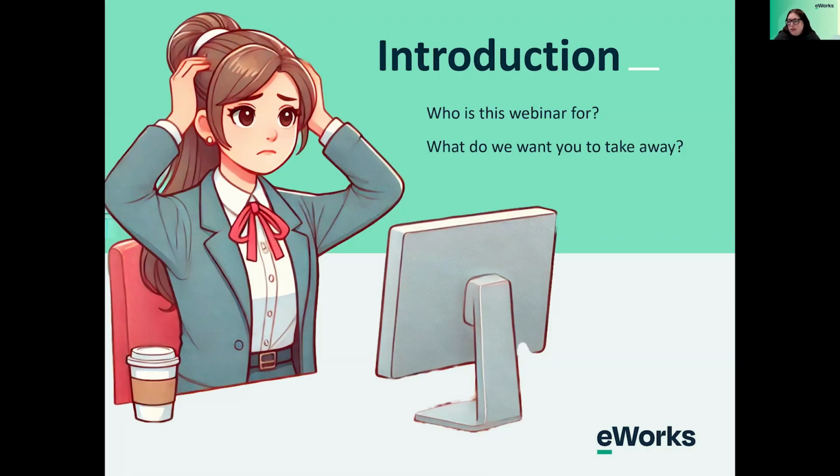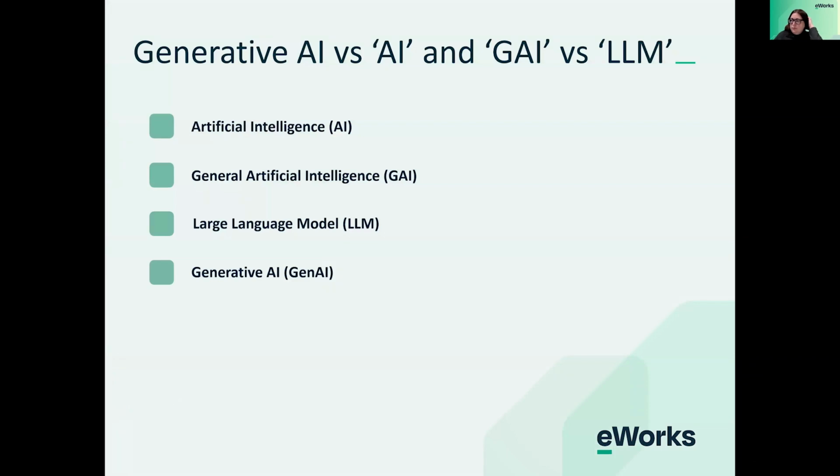So I'm just going to start with some vocabulary. The word AI is being used as shorthand for all sorts of things, including in this webinar. So let's start with a quick breakdown of what we're actually talking about. Now, again, I'm not an expert. I am an enthusiast. Please don't take this as gospel, but this is just the easiest way I've found to conceptualize some of these concepts that have a lot of acronyms and might be a bit confusing to separate.